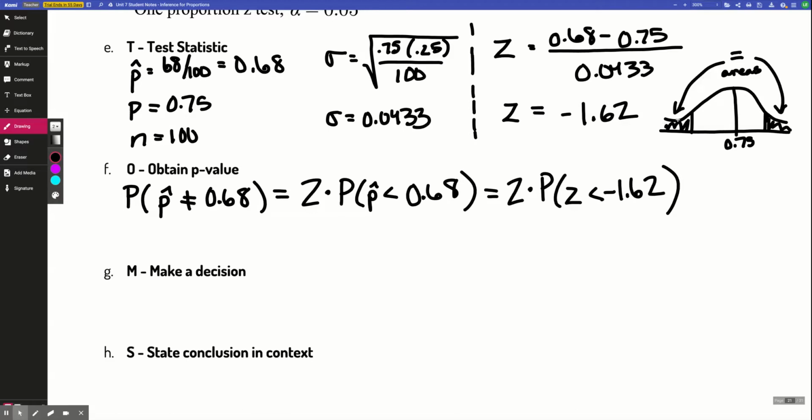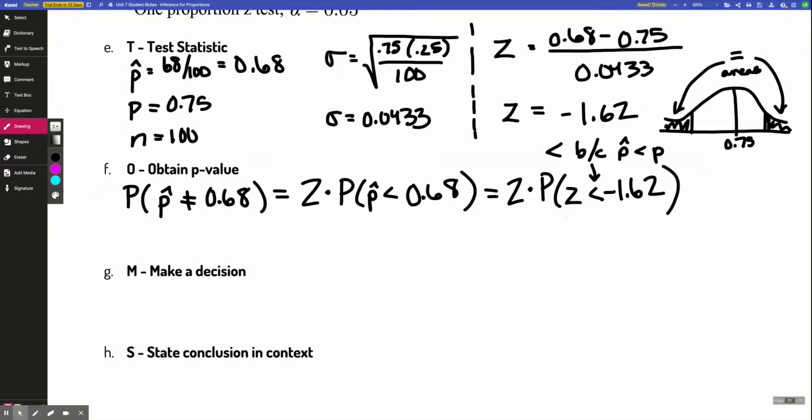If you do a problem where your z value is positive, the best thing to do is find the greater than probability and multiply that greater than probability by 2. I'm choosing the less than because my z value is negative, or you can think of it as my p hat value is less than p.